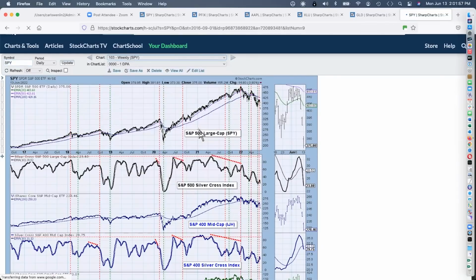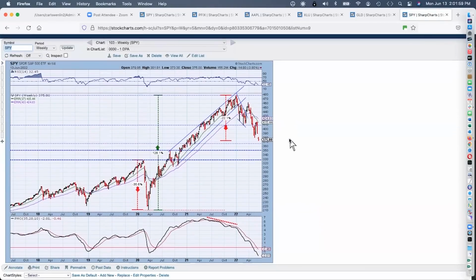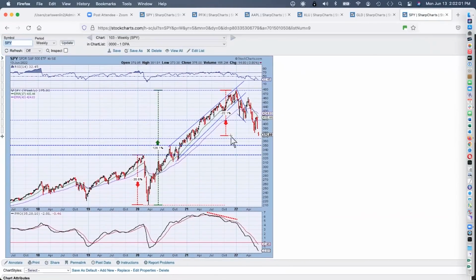I wanted to look at the weekly chart. Notice it's down 22% now. This is the next level of support that I'm seeing, but it's kind of thin. This area right here is the next, that's 3,500 on the S&P 500.